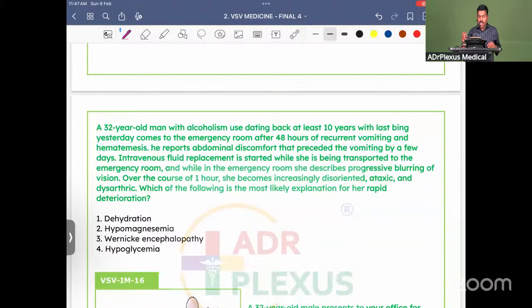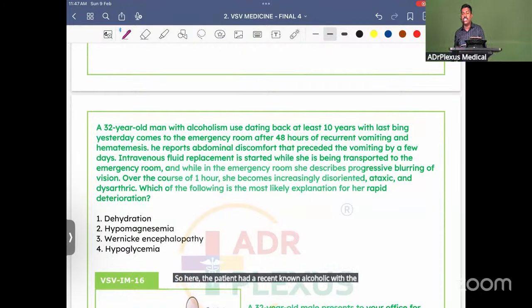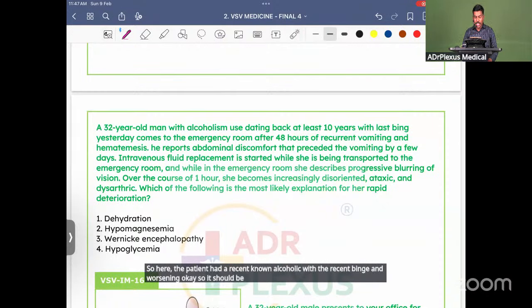So here, the patient had a recent binge with worsening. It should be an acute condition where the patient is having global confusion, ophthalmoplegia, and ataxia. So the answer is going to be Wernicke's encephalopathy.